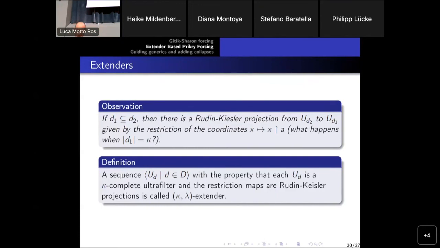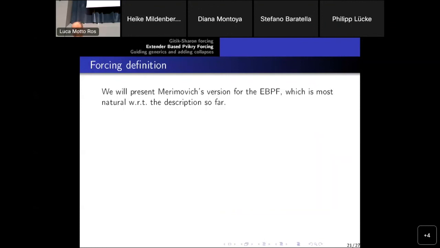So we have a sequence of measures indexed by increasing sequences of length below kappa, below lambda. They have a nice feature of being projected to each other by the restriction, and this is the combinatorial object holding our elements in there.